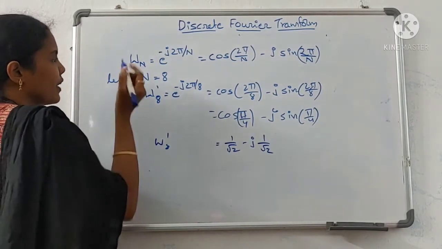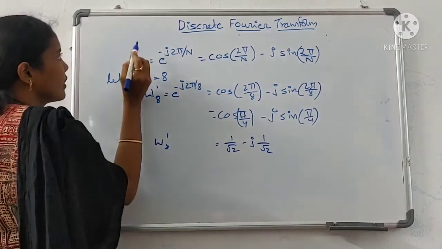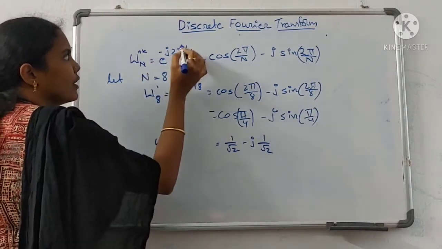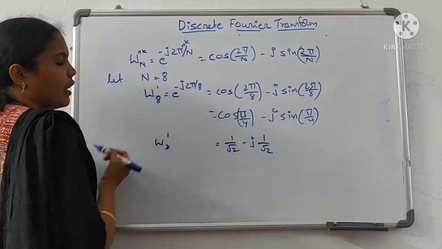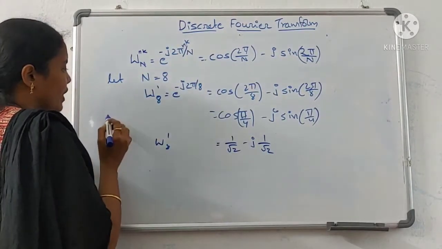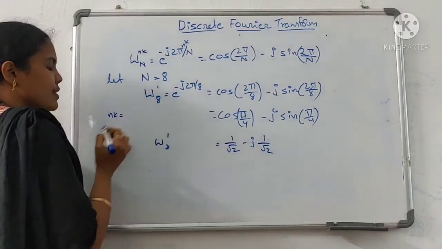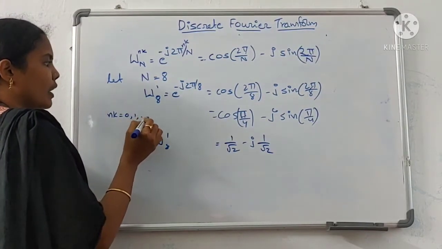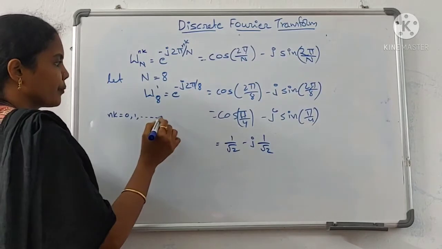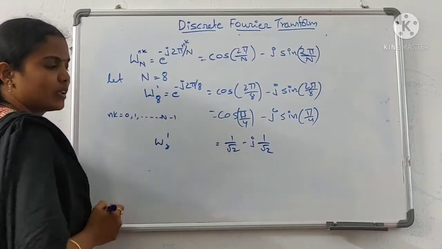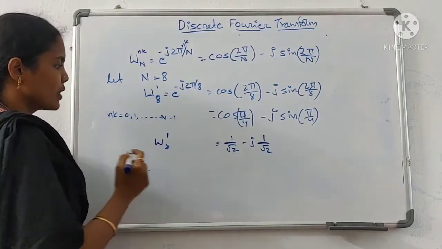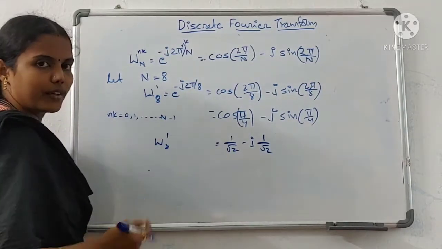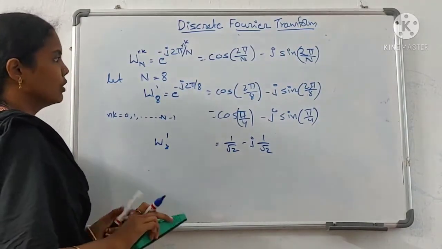Here we take small n into k, so nk is equal to 0, 1, and so on up to N minus 1. So this is the value of W8 power 1.